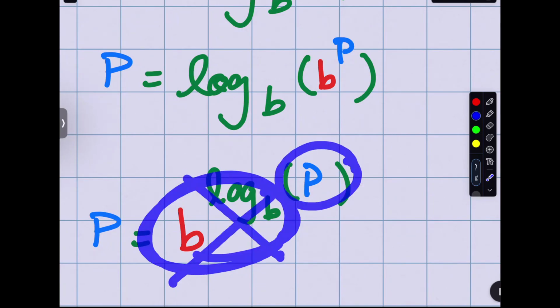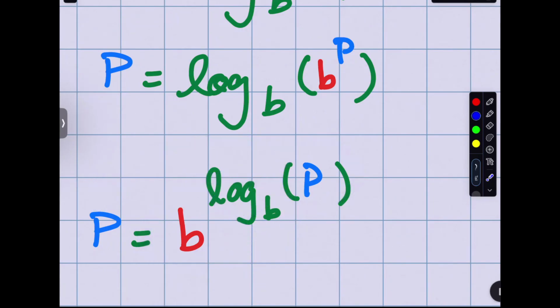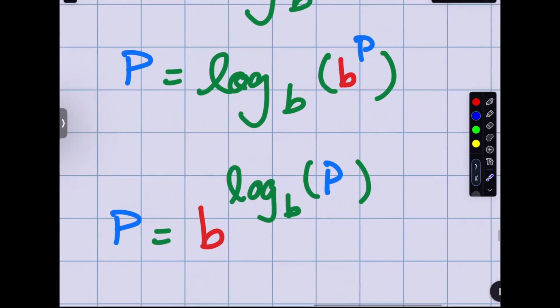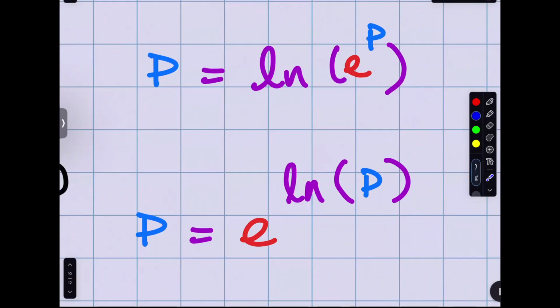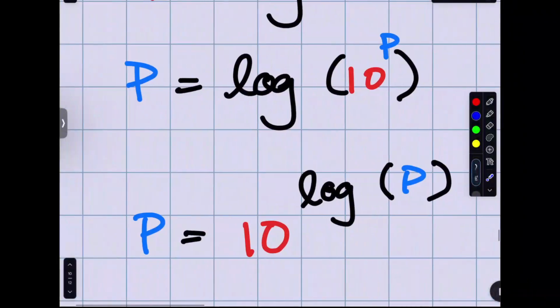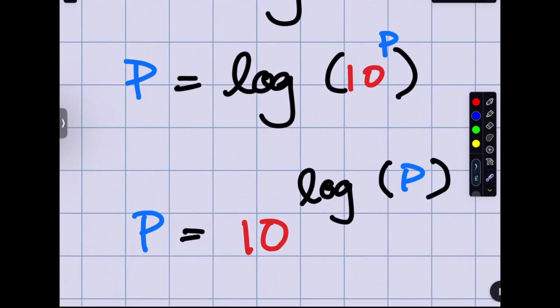That's why P is equal to P. Got it? I wonder what's the opposite operation of ln so that P is equal to P? E. What's the opposite operation of just log? Base 10.